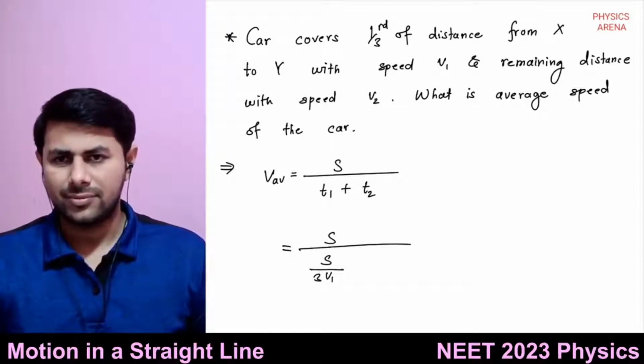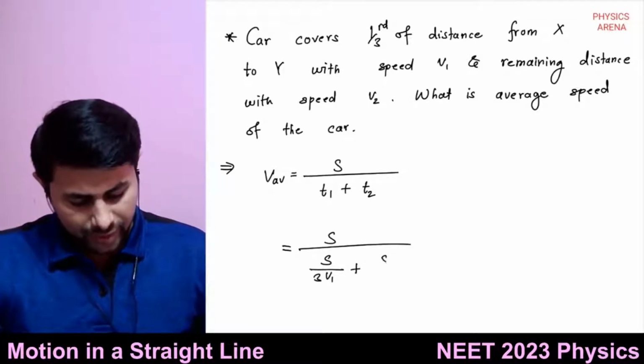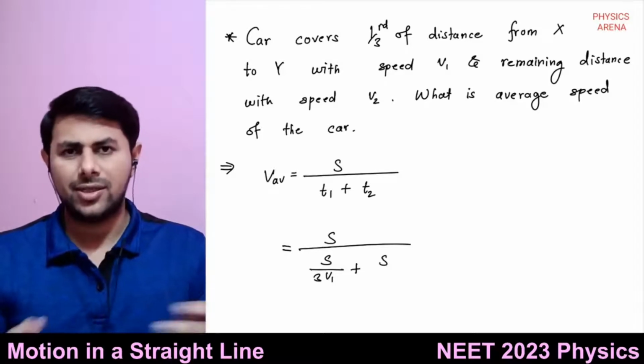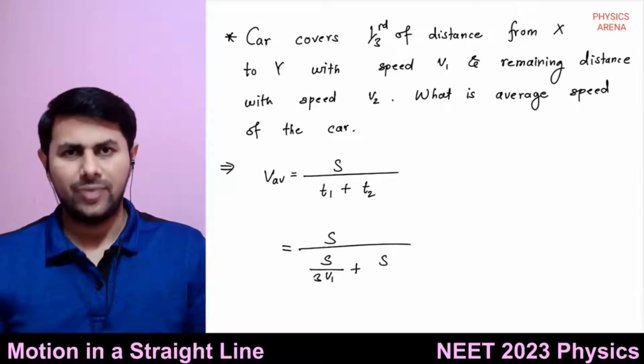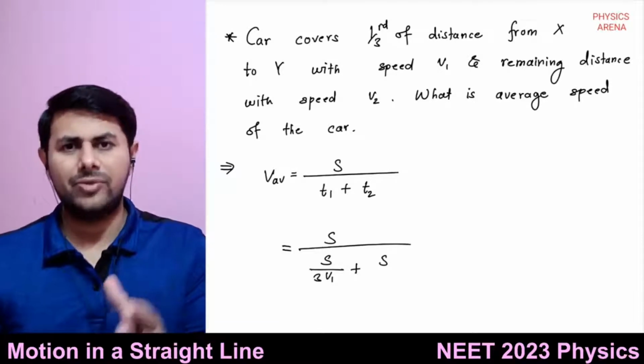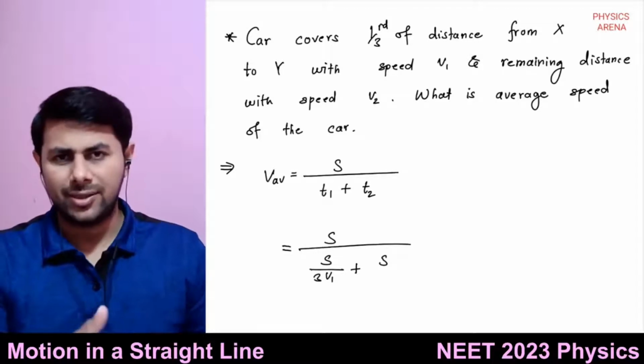Yes, sir. Okay. Then we can write the next distance. The remaining distance is 2s upon 3. If the car covers 1/3 distance with speed v1 and the remaining distance with speed v2, what is the remaining distance?